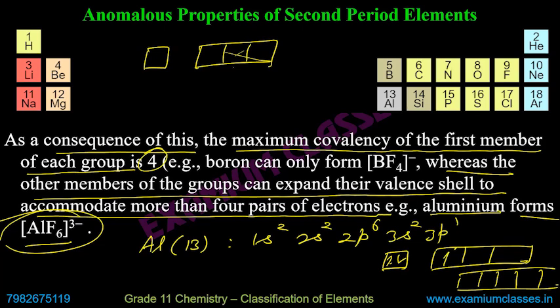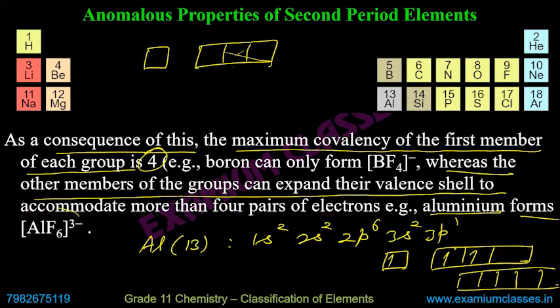Now you can ask how can it be possible? In aluminium, we have only these 2 electrons. So the maximum possibility is that this one electron will get excited to p. But these types of compounds, as I told you, are complex compounds, coordination compounds.